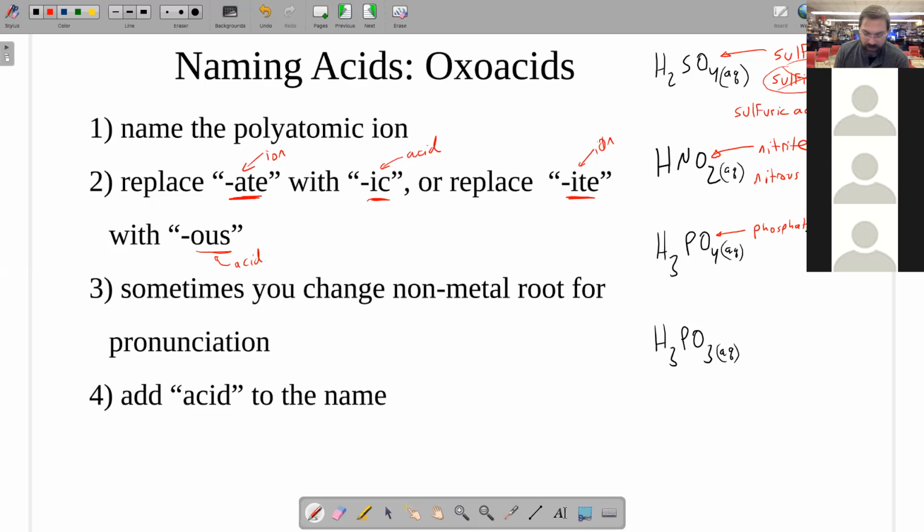If you change just ate to ic, it would be phosphic acid. And that's kind of an awkward word. So although it seems like ate would just change to ic, the phosphate comes from the element phosphorus.